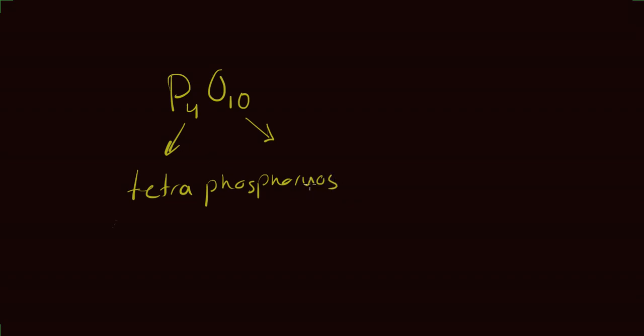For the first element you use the original name, phosphorus. And for the second element you say decoxide. Why IDE? Because oxygen is -2.